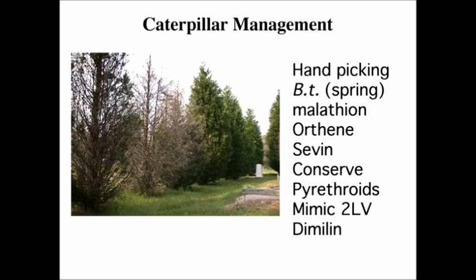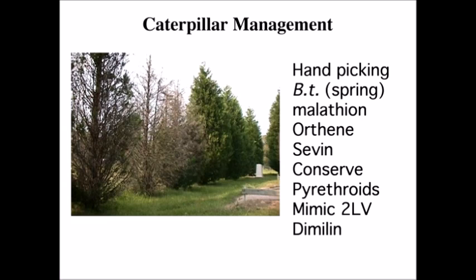So caterpillar management in general, the hand picking or mechanical destruction of web masses or bags works quite well. Now, clearly there are instances when a tree is too tall or you have too many of them and that's not practical, so pesticides might be appropriate.